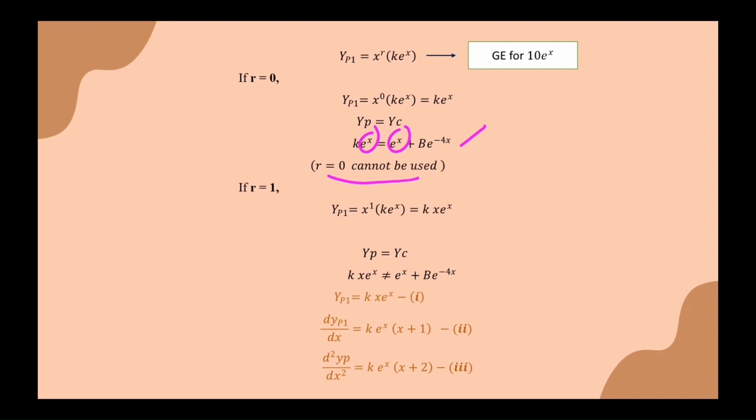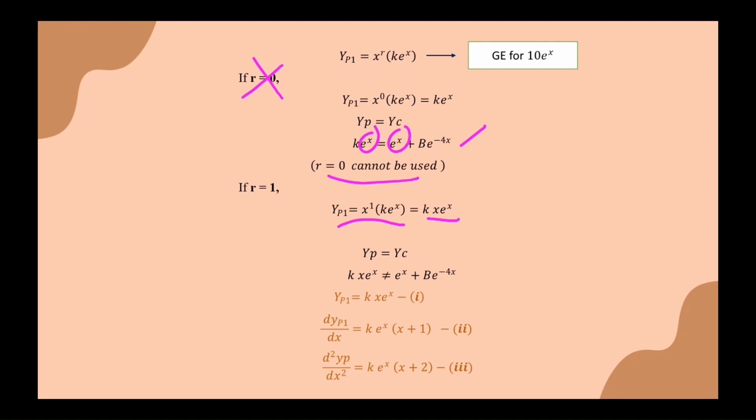So we have to cancel out r. So we need to go for r equals 1. When r equals 1, let's substitute the value of r into this equation. We get k x e^x. So this is what we get when r is equal to 1.